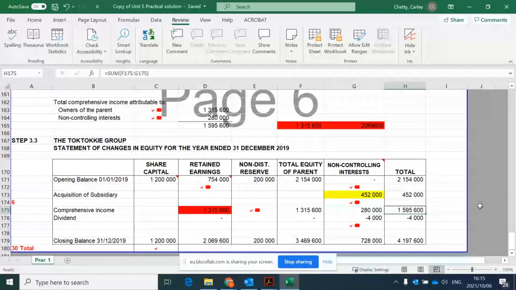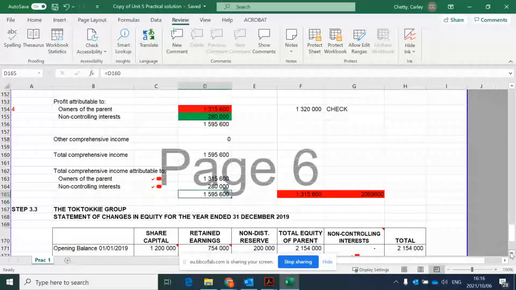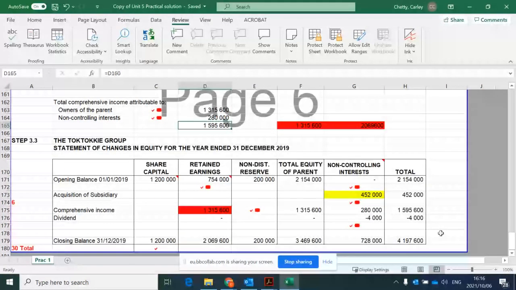And then that will total to this figure of 1,595,600. And this can actually be traced back to the statement of comprehensive income. Here you can see this total agrees to the total here in the statement of changes in equity.